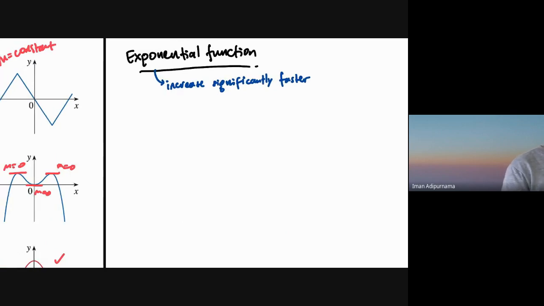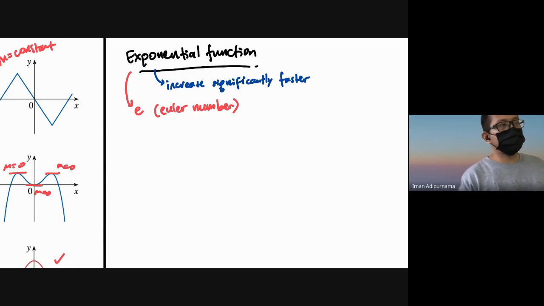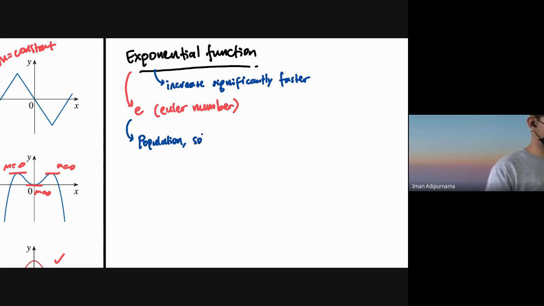From this function we also know that there is an irrational number called E, or Euler number, that scientists, physicists, and mathematicians got from several cases, for example when they calculated population, or solved some mathematical problem.